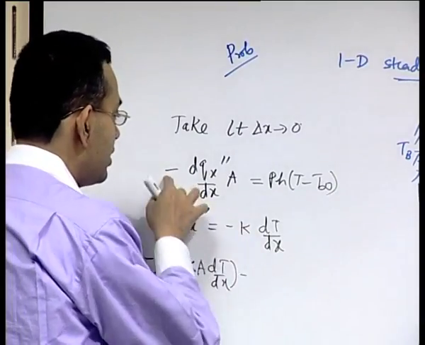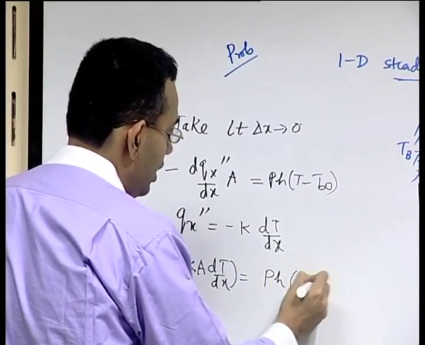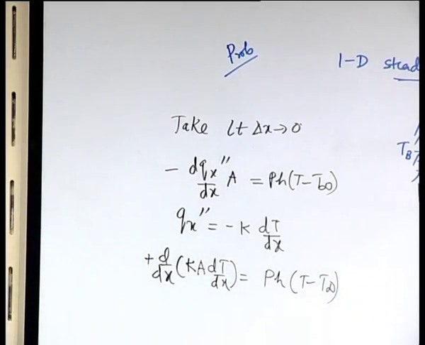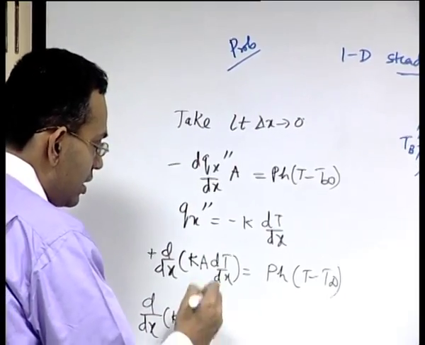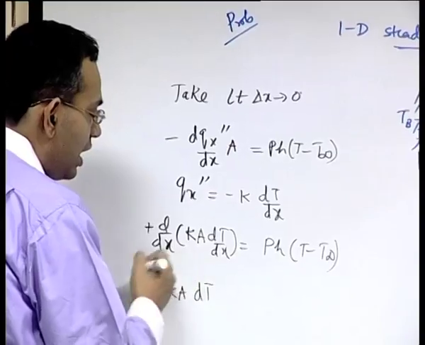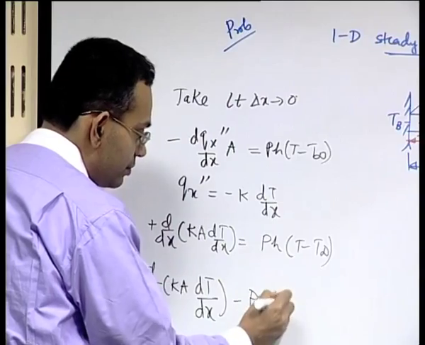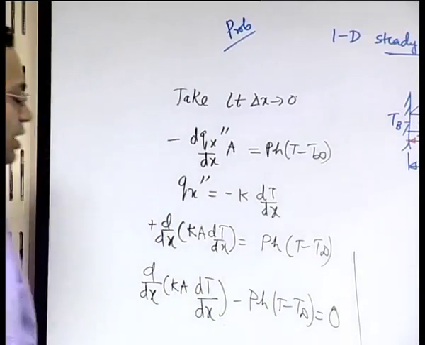This minus with this minus will become plus, is equal to P h into T minus T infinity. In this particular problem, k and A both are constants. So d dx of kA dT dx we can also write as kA into d2T dx2, but let us write the more general form. So that is the governing equation.